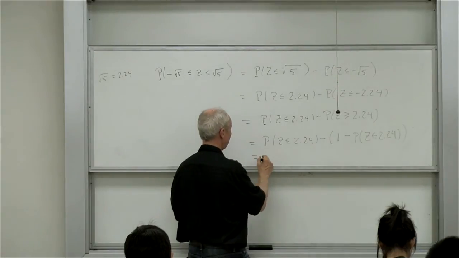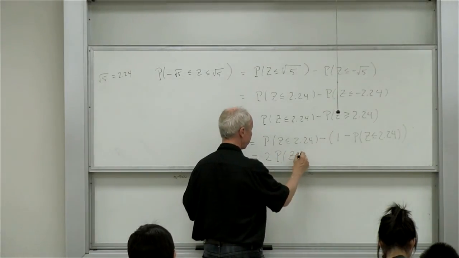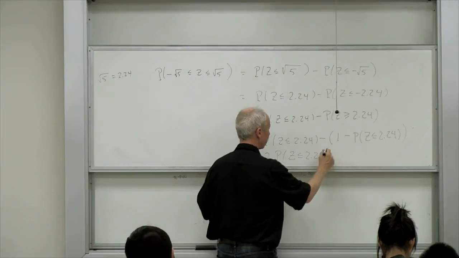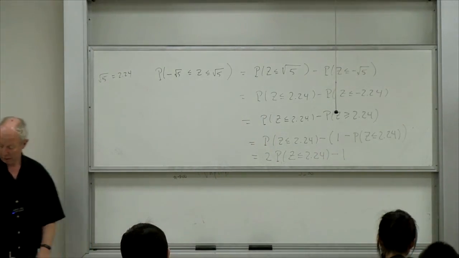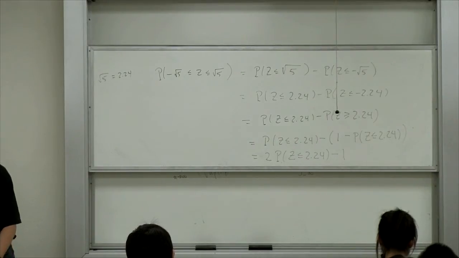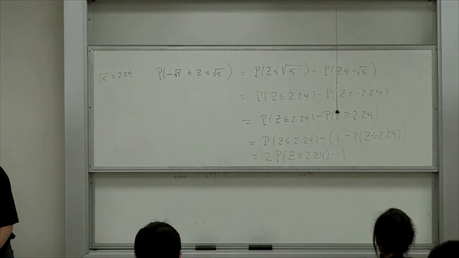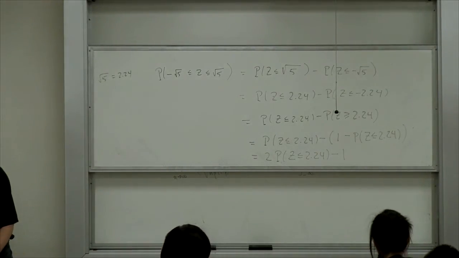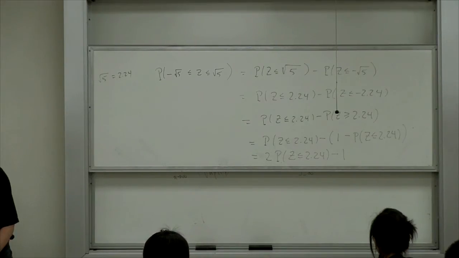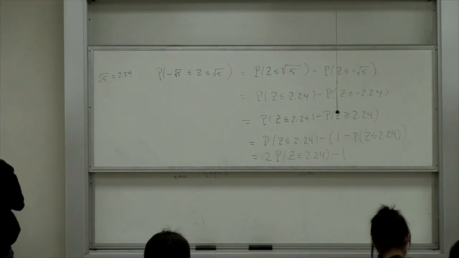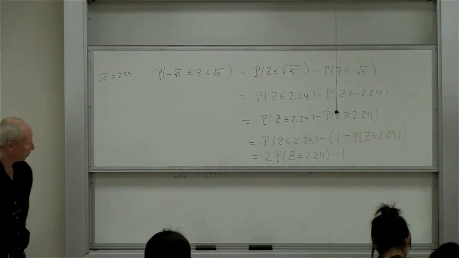And this becomes twice the probability Z is less than or equal to 2.24 minus 1. And so we can look that up. And I look at 2.2 and go over under 0.04 and get 0.9875.